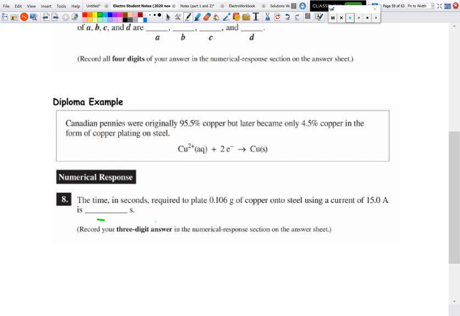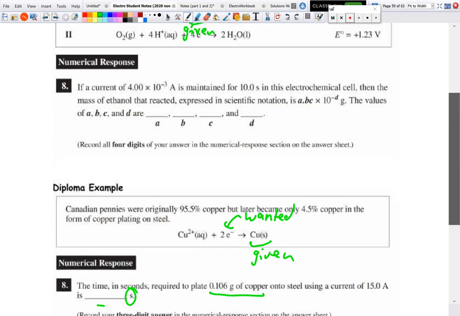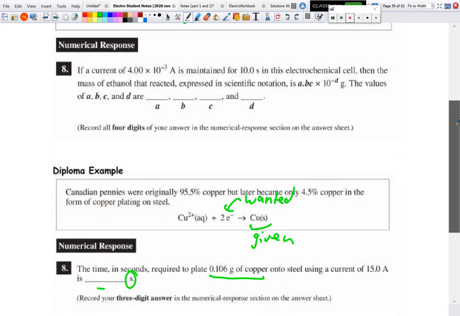So just like before, in this case we are given the mass of copper. And because we are asked to solve for time, the number of moles of electrons is our wanted. So the equations are given to you, and you're just doing steps 2 to 4 to solve.